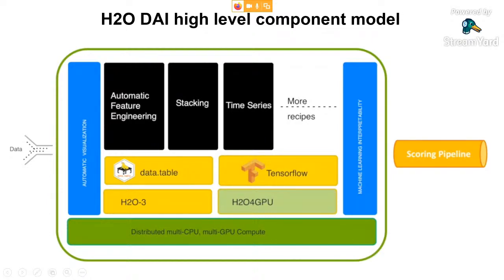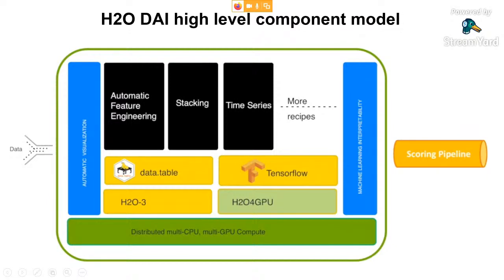One of the reasons it's so wonderful is because they recruited one of the lead data engineers from Tableau, right? And Tableau has always been great for data visualization, and they've built that into the product here. You can see that the open source components that we just mentioned, like H2O version 3 and H2O for GPU, also make up their Driverless AI product.